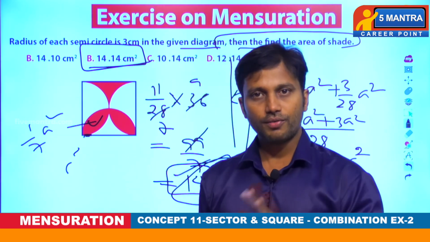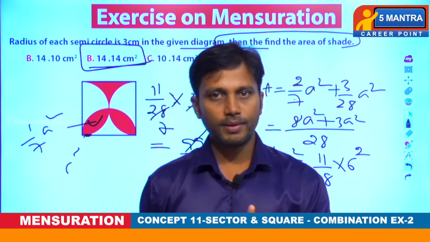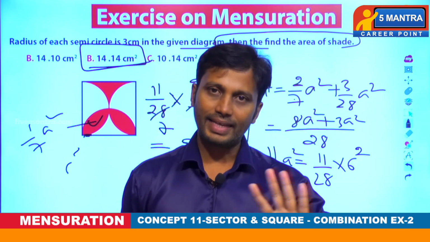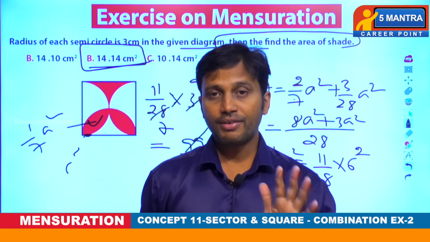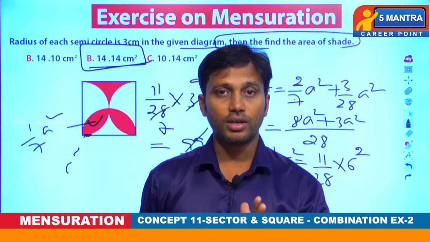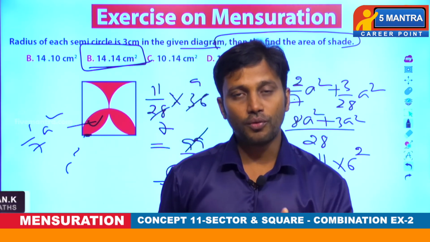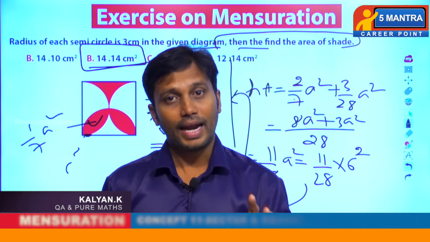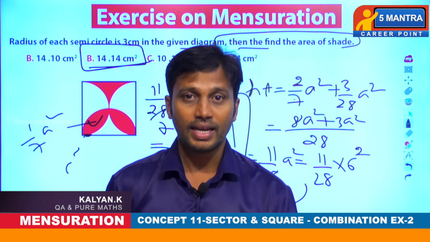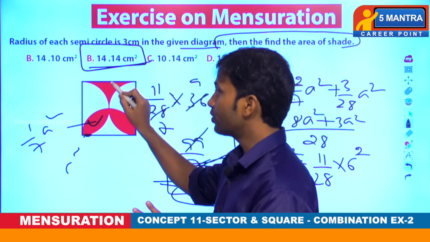So this is also one of the cases. If you carefully observe, for the first two problems we applied the shortcut as it is. For the next two problems we haven't applied that as it is, because the complete version of the diagram is not given. So we divided the shaded area into 4 equal parts and the unshaded area into 4 equal parts, and each part's area we use according to the given portions of the diagram.